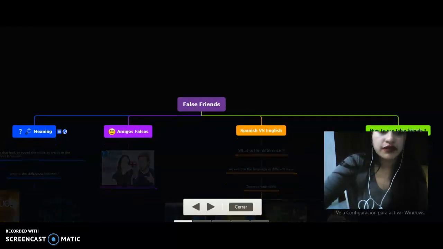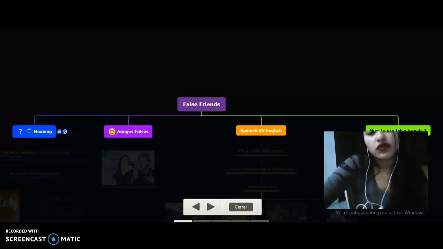Okay, let's start. First, the idea is that the learners contextualize where the meaning is, where the false friends are, and where the difference between English and Spanish is, and how to use them according to 3 specific activities.